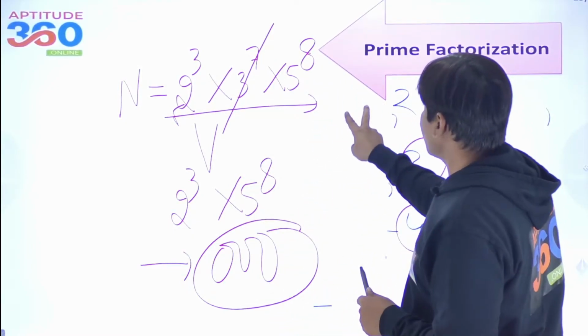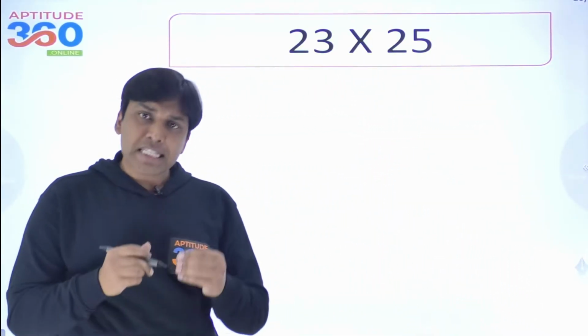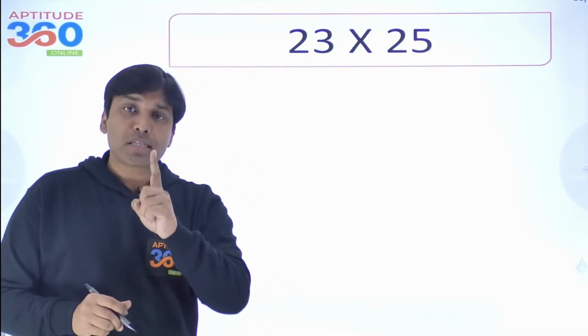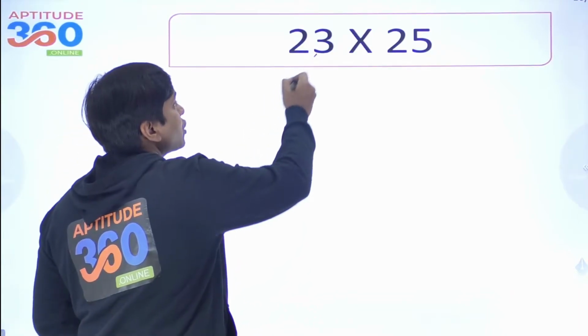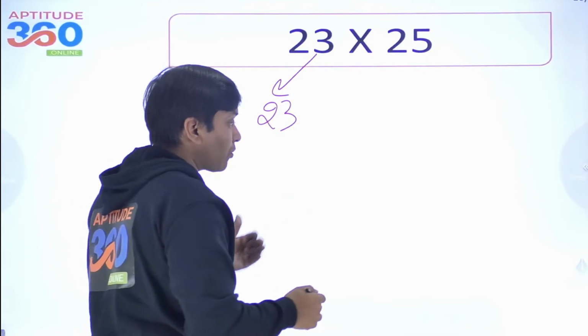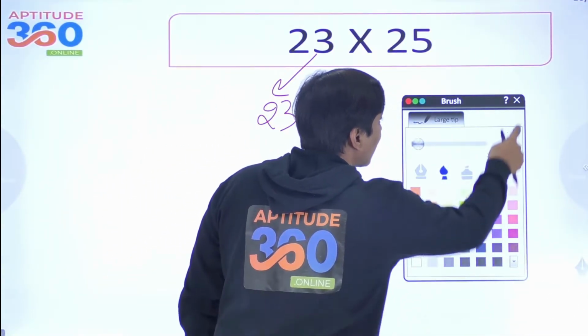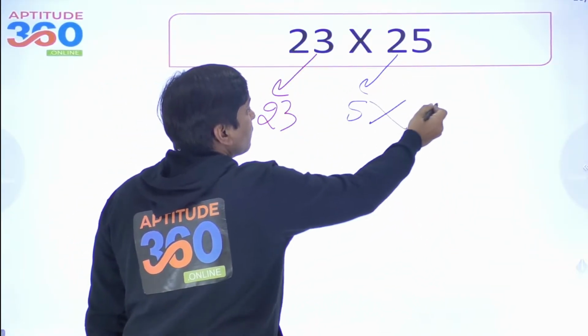And if you understand this thing, I would like to go ahead with some problems that are very simple in nature. What have we understood? We need 2 and 5 to make 1 0, right? Over here, when you do the prime factorization, 23 is a prime number, so you cannot factorize it further. प्राइम नंबर होने की वजह से तो आप इसको डिवाइड नहीं कर पाओगे, बट 25 का क्या कर सकते हो, 5 into 5.